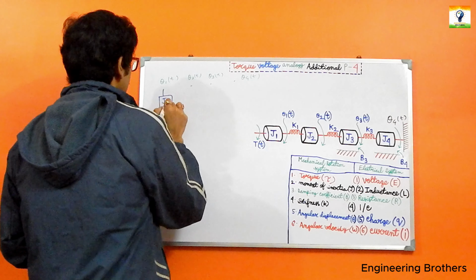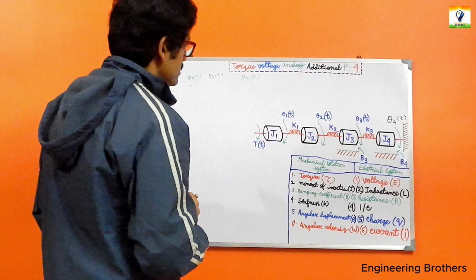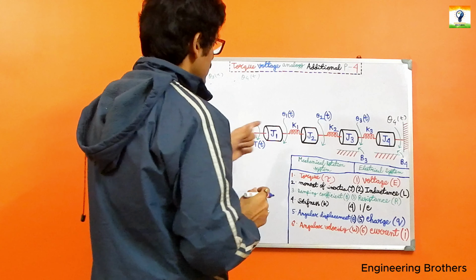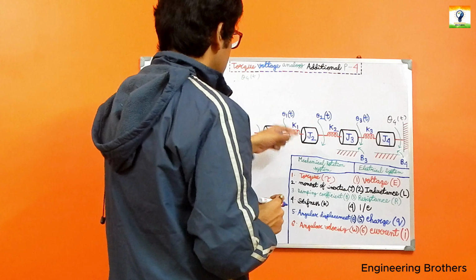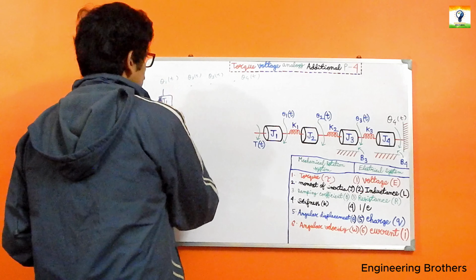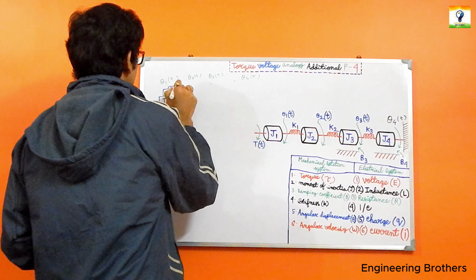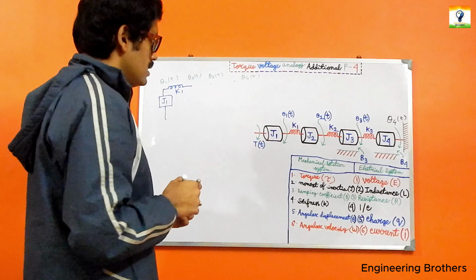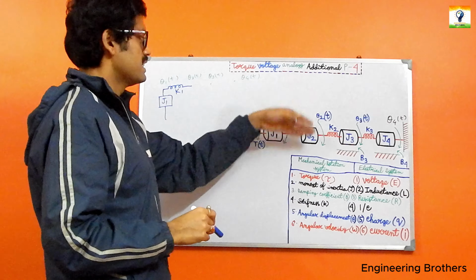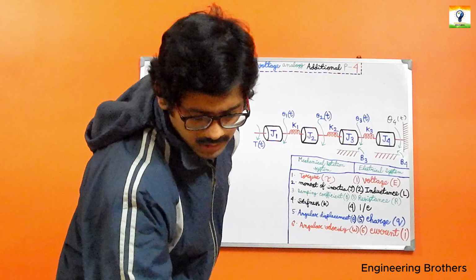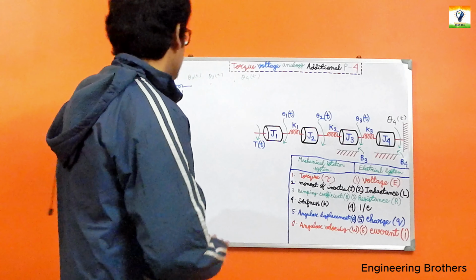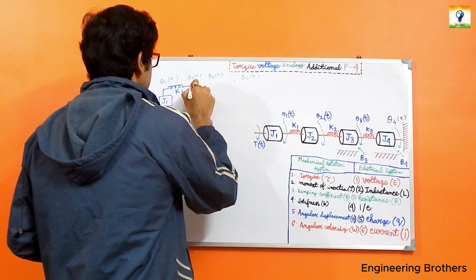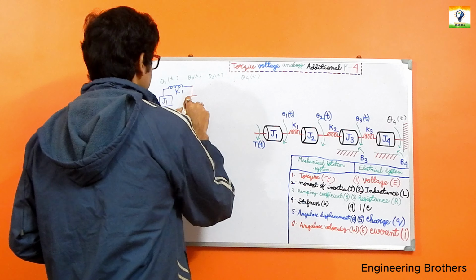In between theta 1 and theta 2(t) we have K1, so we should include K1 there. Theta 2(t) is directly associated with J2, so let us connect J2 over here.